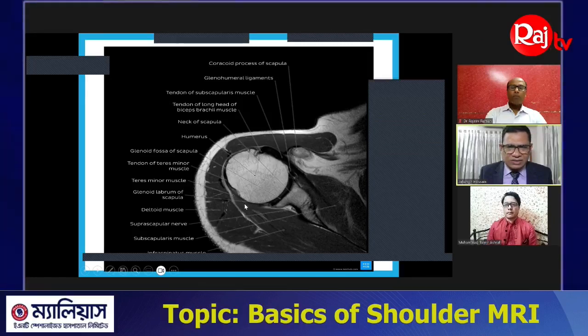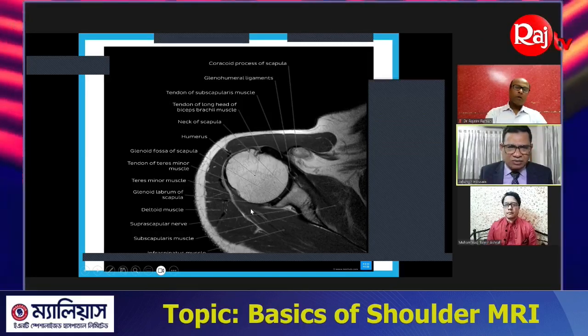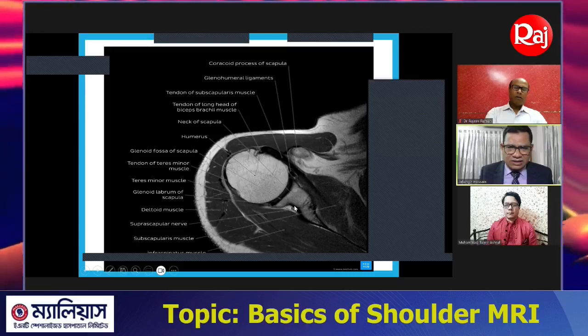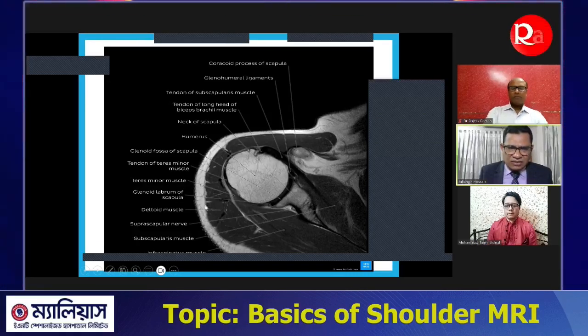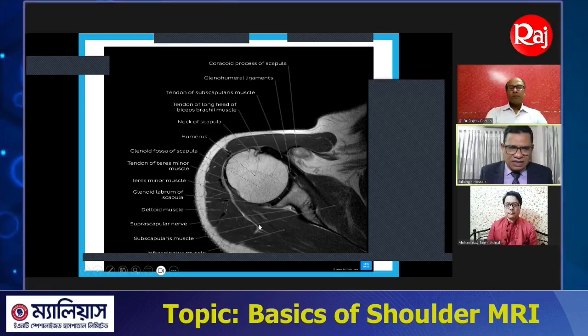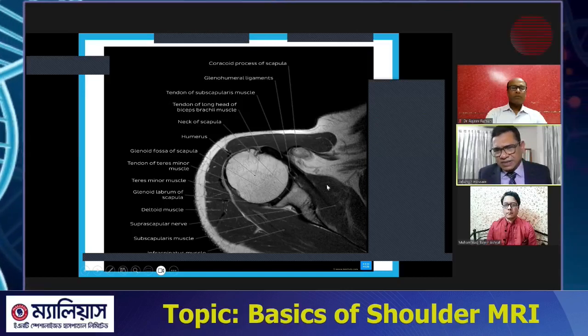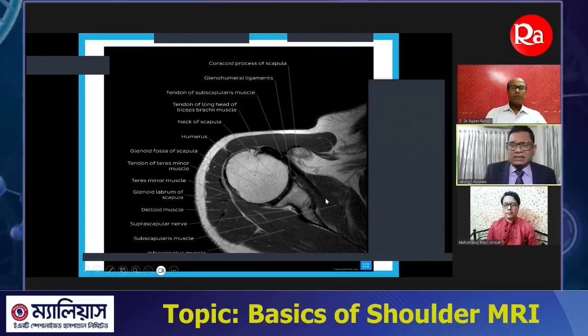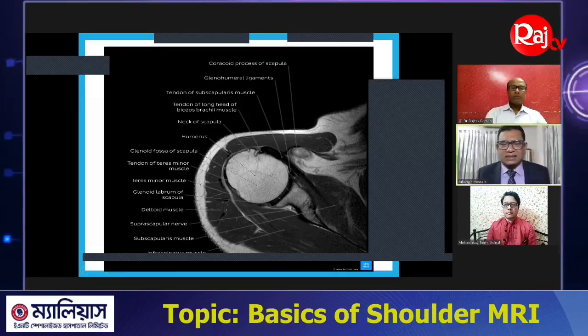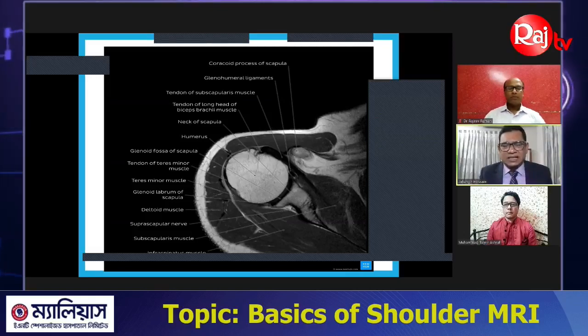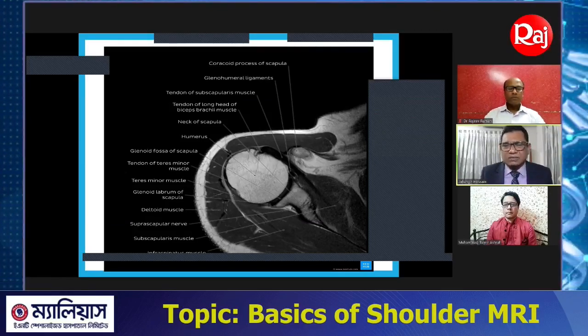Here, tendon of teres minor, glenohumeral ligament, scapula, and deltoid muscle, this one, and suprascapular nerve here, and infraspinatus muscle. This is the subscapularis muscle. These are all the structures we can see from this axial cut view.